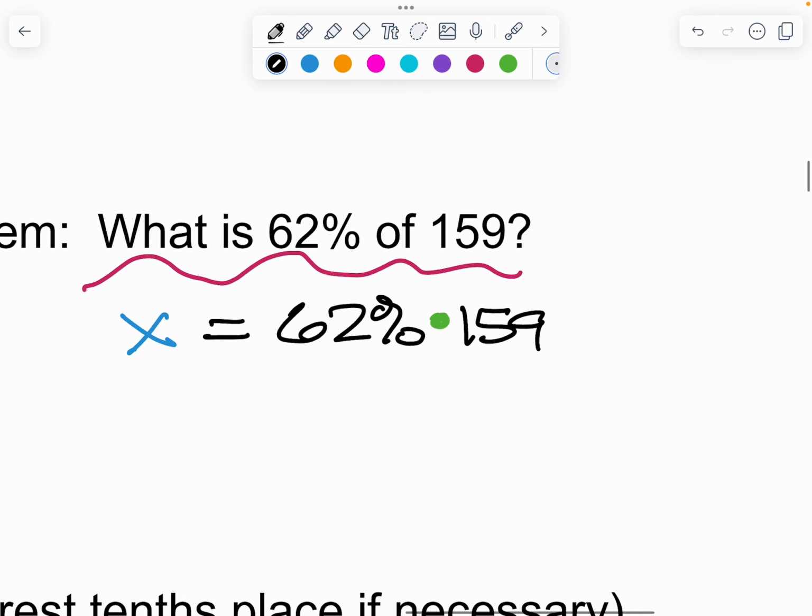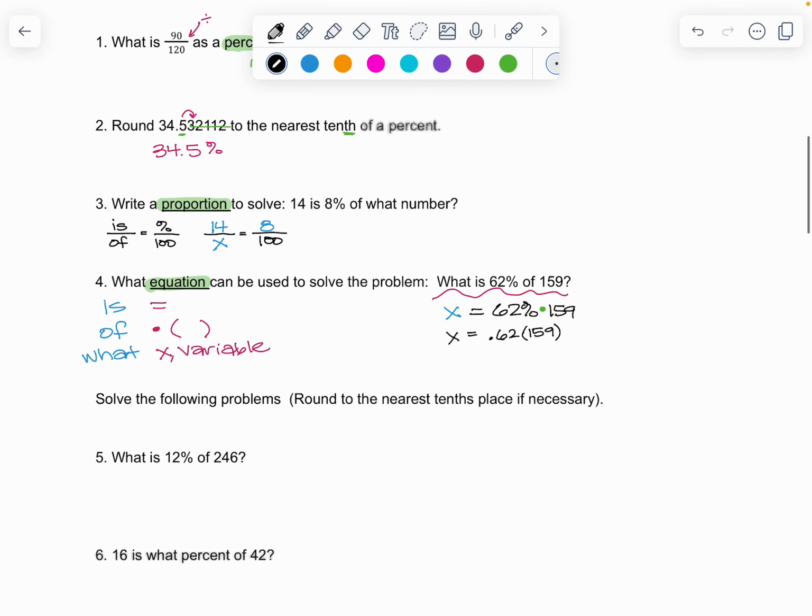You literally just change each word. The other thing I might do is change that percent to a decimal. So if I wrote y equals 0.62 times 159, or maybe I use parentheses times 159, that would be the same thing. We didn't even have to solve those.